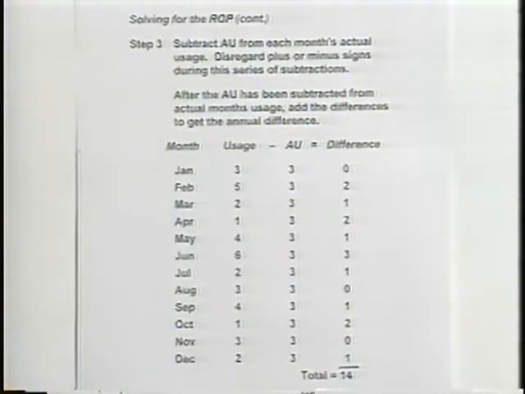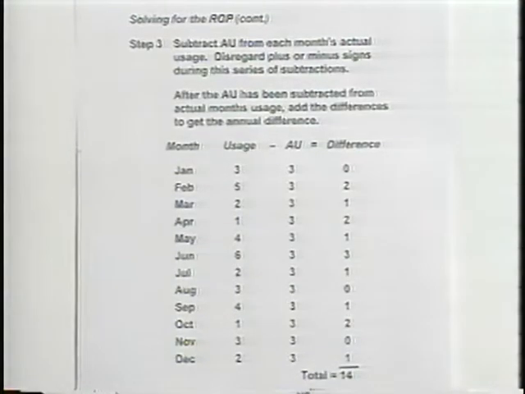Now moving on to page 11F, we want to develop what is known as mean absolute deviation. Mean means average, absolute is without regard to sign, and deviation is the difference between the actual usage and the average usage.